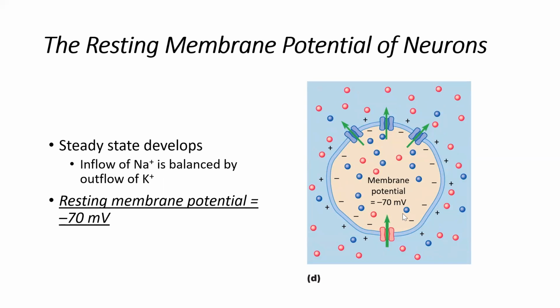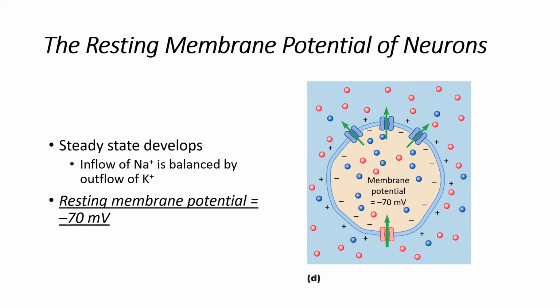Okay. And then at that point, we establish a steady state. So a steady state is where we get to this condition where there's no longer any net accumulation. The inflow of sodium is balanced by the outflow of potassium, right? Because if we think about this, sodium has a stronger force to get into the cell, but it's got less doors or less channels to do so.